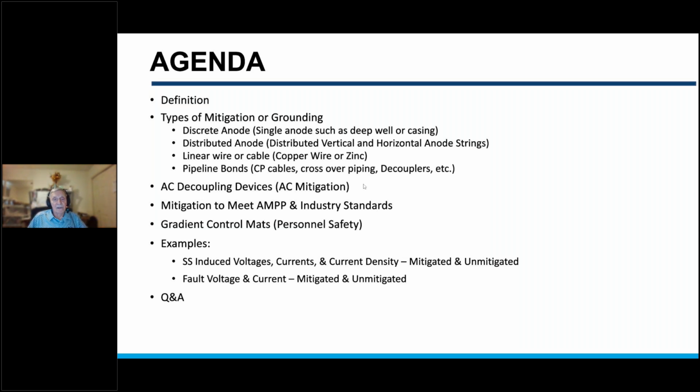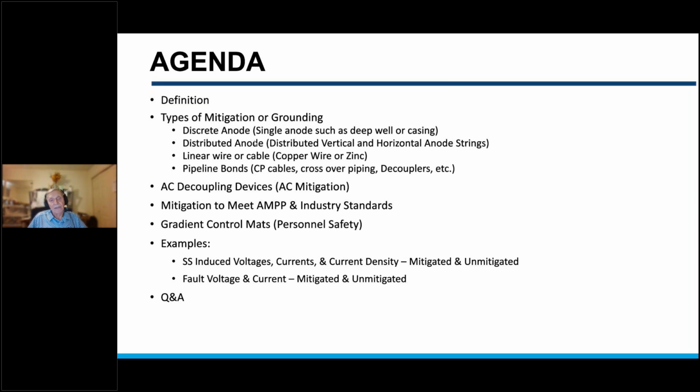So we're going to be talking about single anodes as well as deep anodes, and even casings, and how to utilize them. We're going to talk about distributed vertical and horizontal anode strings.